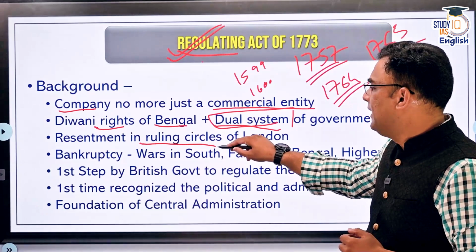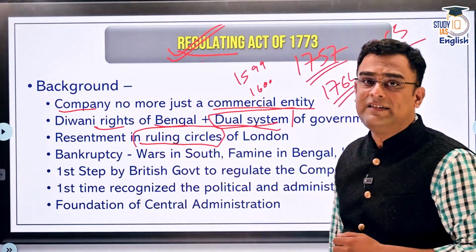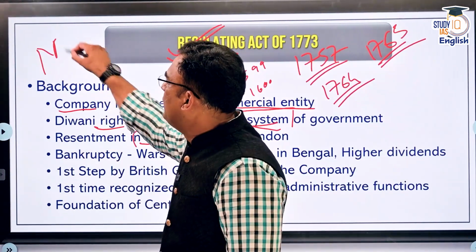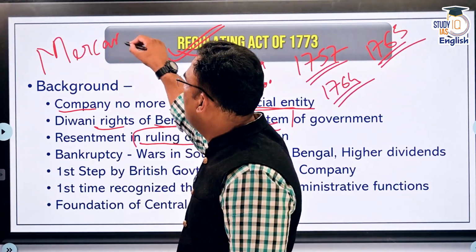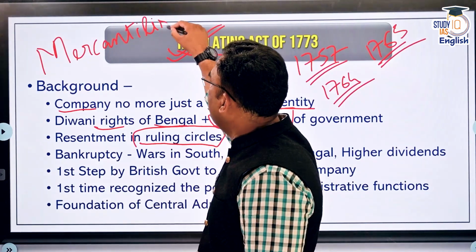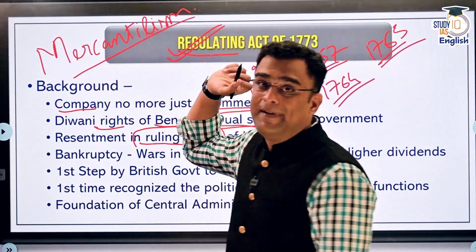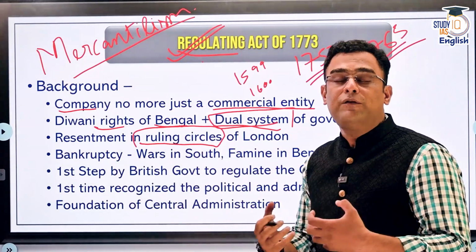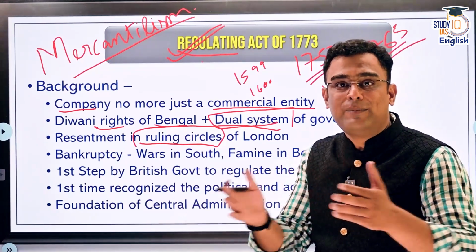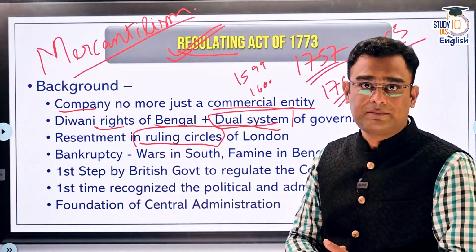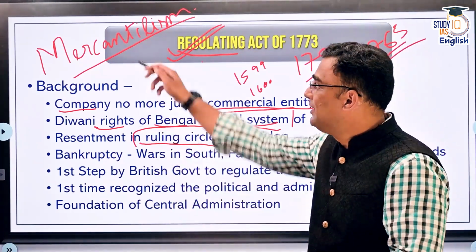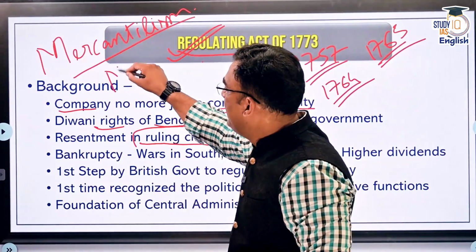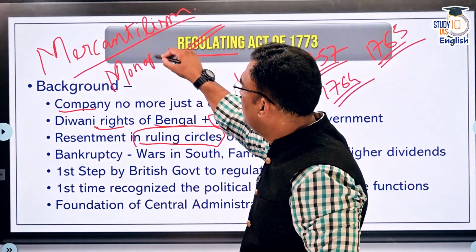In Britain, there was tremendous resentment against the East India Company. Now, remember, guys, this is the phase where Europe is dominated by the idea of mercantilism. Mercantilism is the ideology of indulging in trade for maximizing profit for the home country. And in this endeavor, in mercantilism, monopoly was the instrument that was considered most suitable.